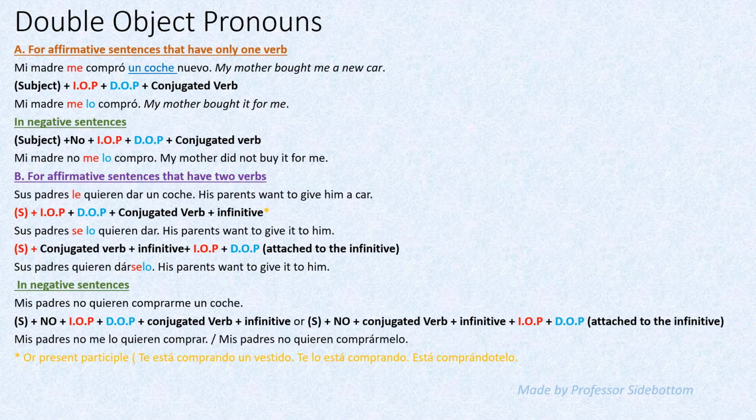Now, for affirmative sentences that have two verbs, we have two possibilities. Either subject plus indirect object pronoun plus direct object pronoun plus conjugated verb plus infinitive, or we start with conjugated verb plus infinitive and we add the indirect object pronoun and direct object pronoun attached to the infinitive at the end.